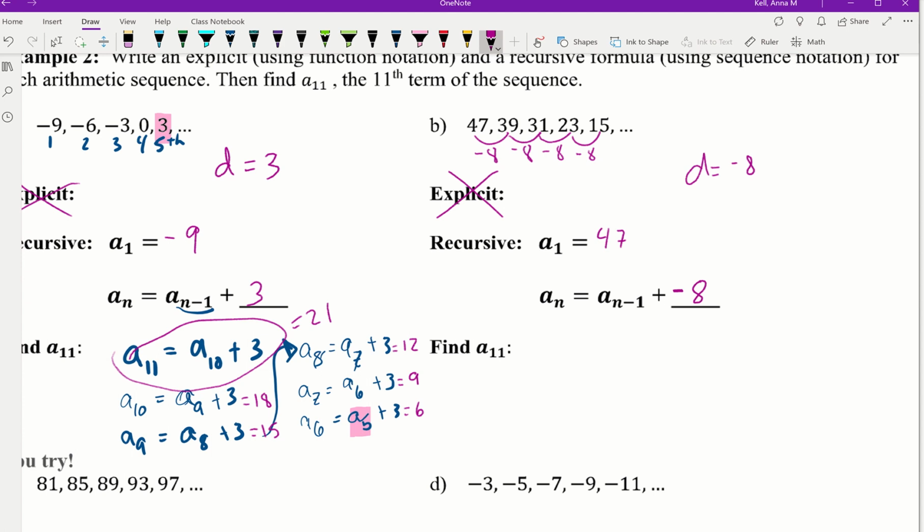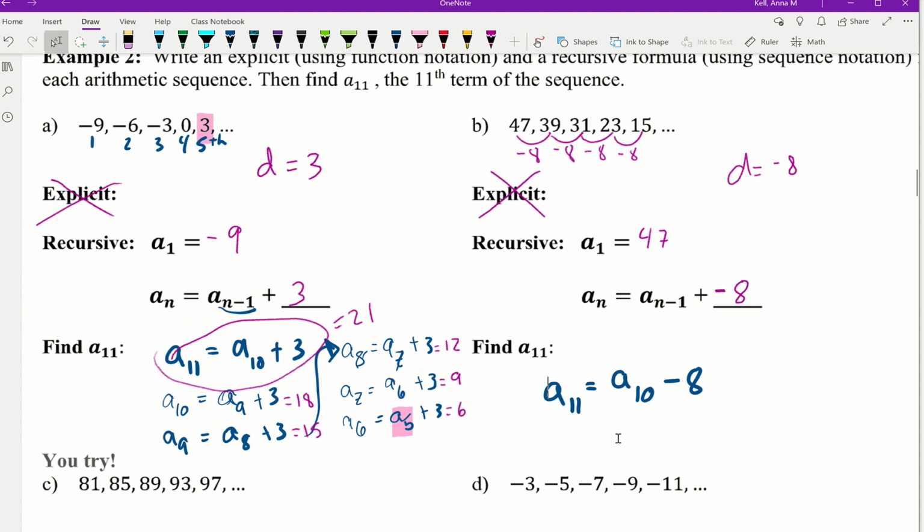I'm just going to write this in a more simplified way instead of actually finding A11. I'm going to say A11 is equal to A of 11 minus 1, or A10 minus 8. And then we know that A1 is 47.